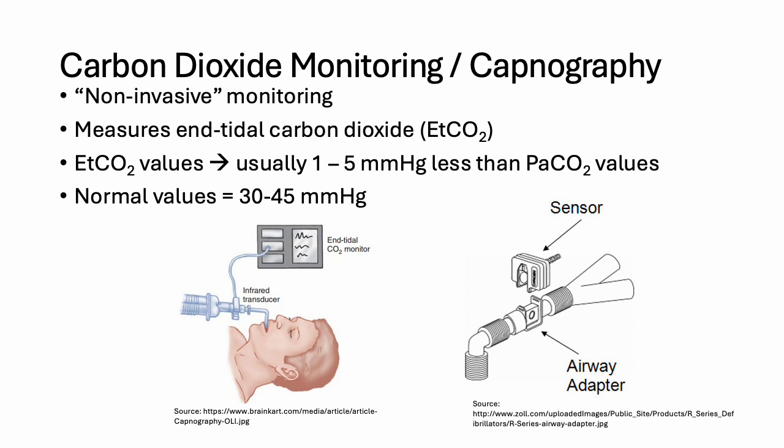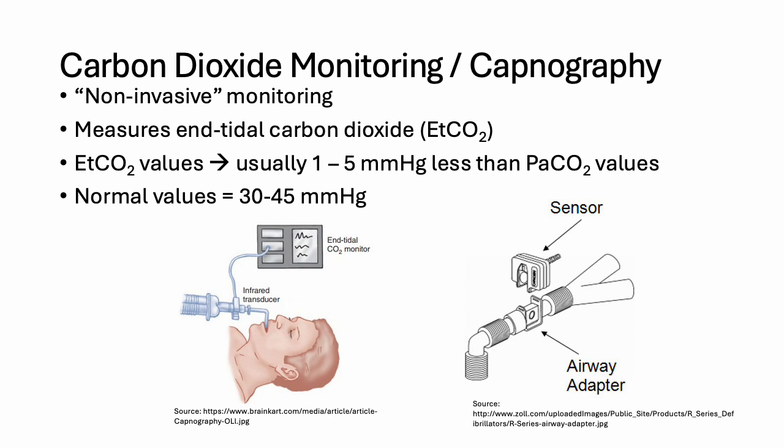Okay, the EtCO2 values are usually slightly less than the actual CO2 values in your bloodstream, but the units are the same, millimeters mercury. Okay, so PaCO2 normal values are 35 to 45, from the ABG, go back to revise, then EtCO2 normal values will say between 30 to 45.